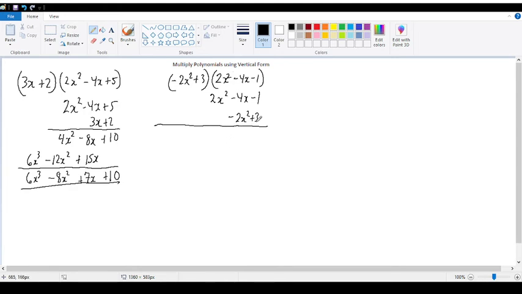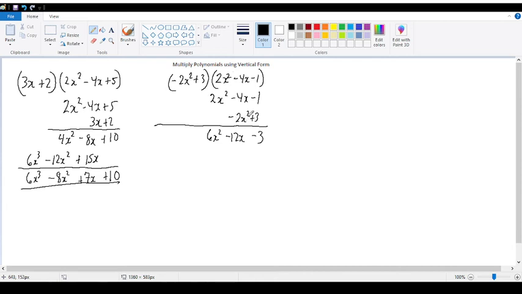So we start our multiplication. 3 times negative 1 will give me negative 3. 3 times negative 4x will give me negative 12x. 3 times 2x squared will give me 6x squared. Now, here you need to be careful.